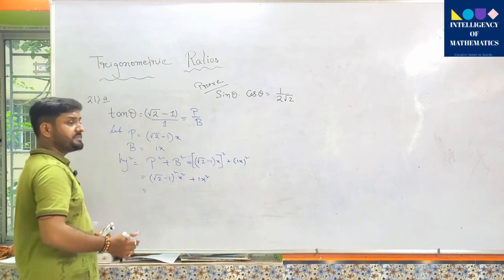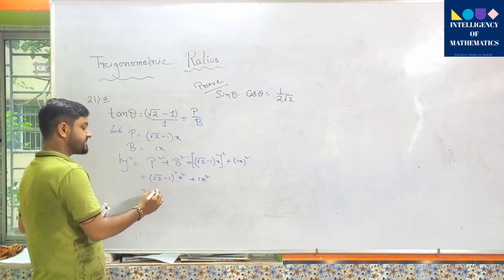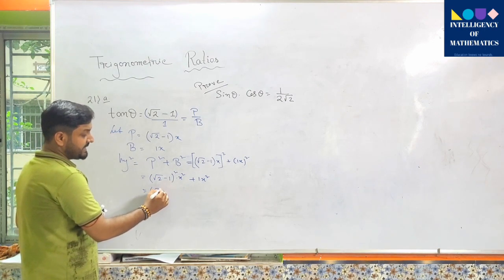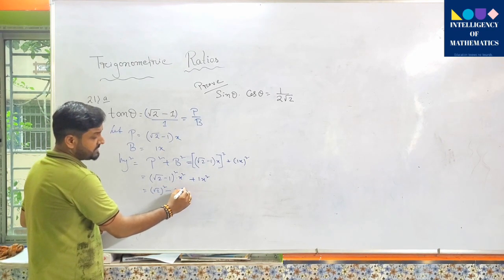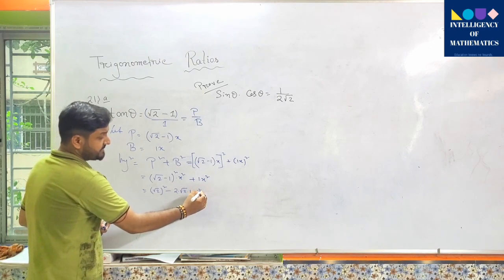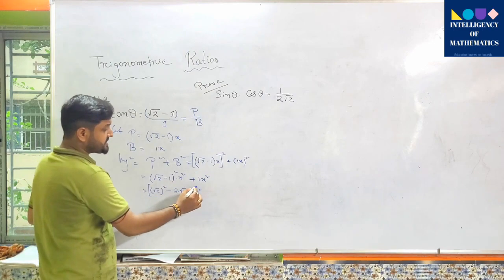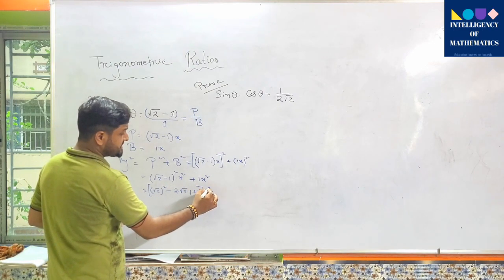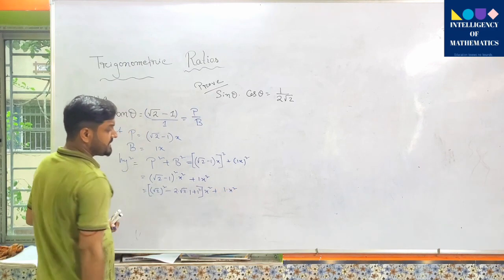Now this quantity has to be splitted into formula of a minus b whole square. The formula is a square minus 2 into a into b plus b square. Now the problem is this x square, so my suggestion, keep it as x square, then 1 into x square you keep it aside.